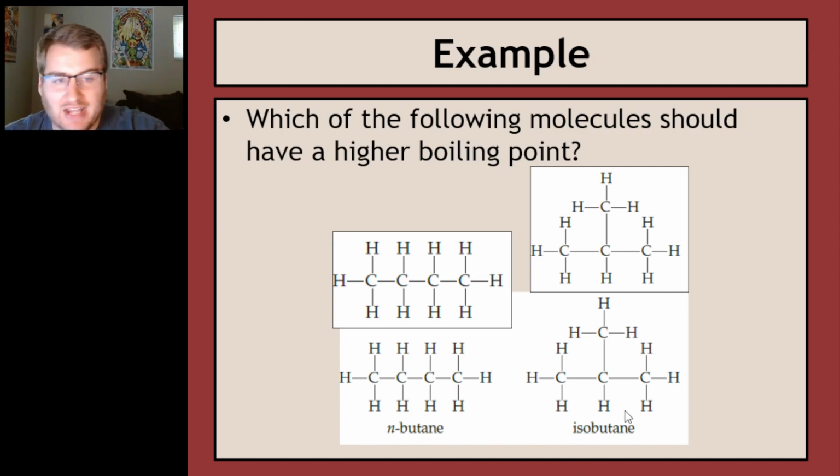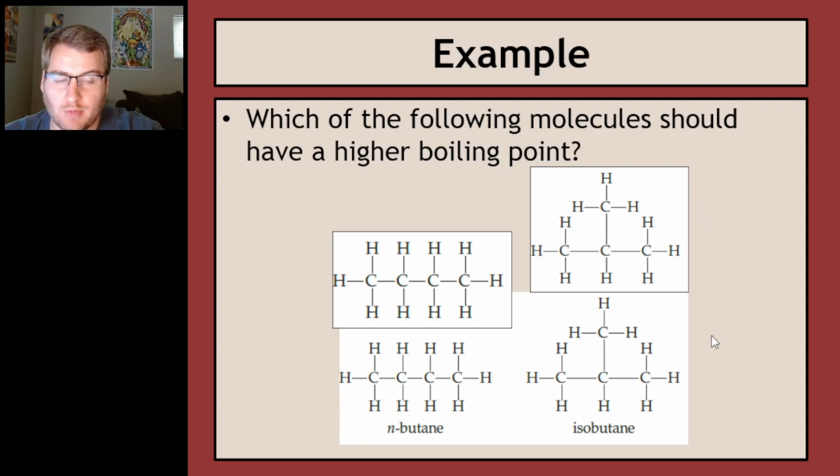So if you look at something like isobutane, this weird shape makes it really clunky. This molecule can only get its hydrogens or its carbons near like 1 or 2 other hydrogens. You can't really layer these things effectively so that you have the maximum surface area touching. And that's actually going to get in the way of their attraction a little bit.